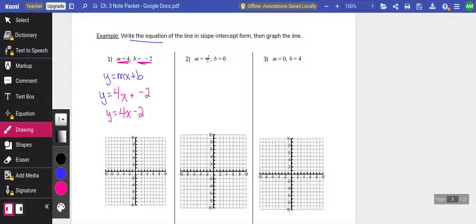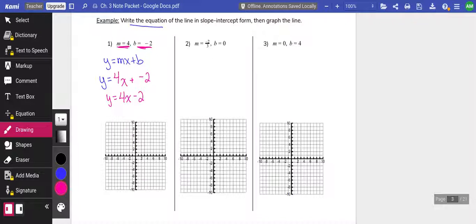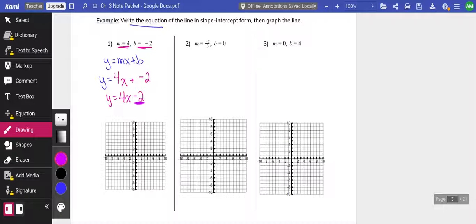Now on this graph below, we're going to graph it using our slope and y-intercept. So I start always with my y-intercept. Here's my y-intercept at -2. So I'm going to plot a point on my y-axis, which is my vertical axis, at -2.